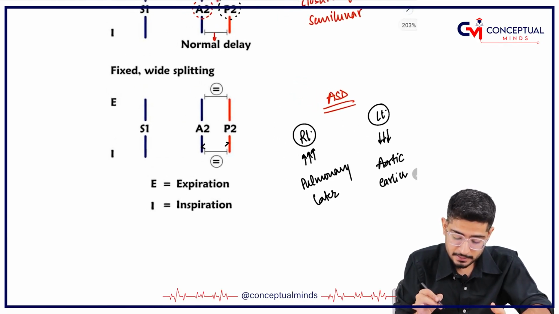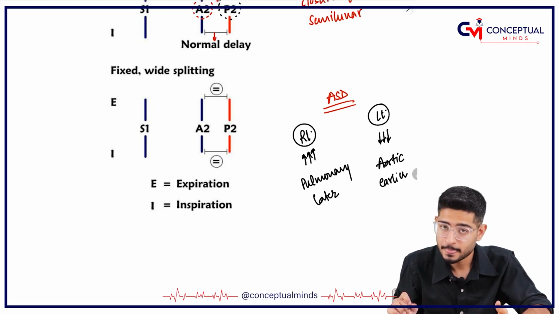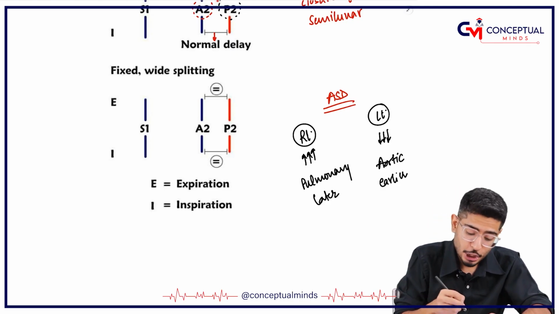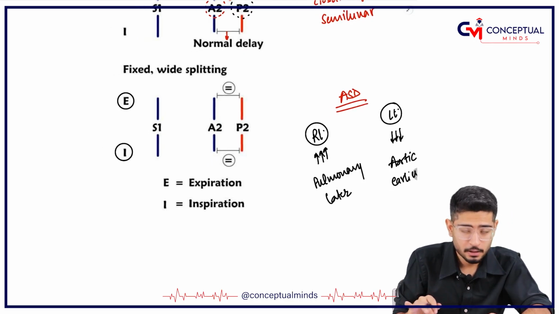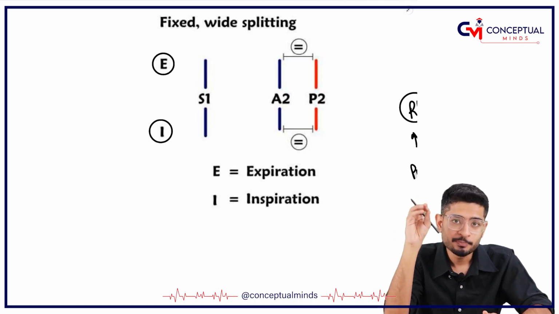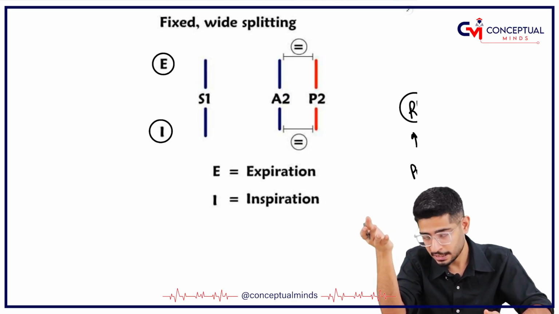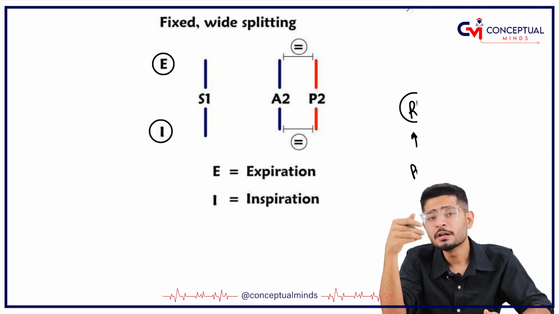And now please understand that, whether during expiration or inspiration, in both cases, if there is an atrial septal defect, nothing is going to change. Understand this. The whole point is that the amount of blood is going to change during expiration or inspiration if the intrathoracic pressure is changing.